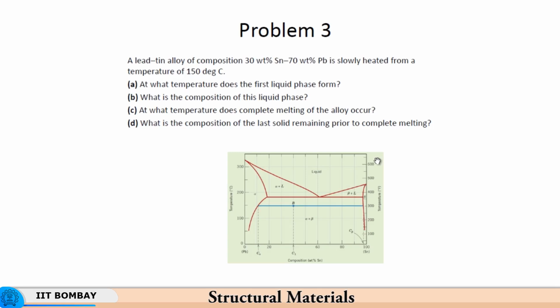So 150 degrees centigrade is somewhere there. This is the chemical composition, and we have to find at what temperature the first liquid phase forms. So what we have to establish is the solidus temperature for that particular chemical composition.